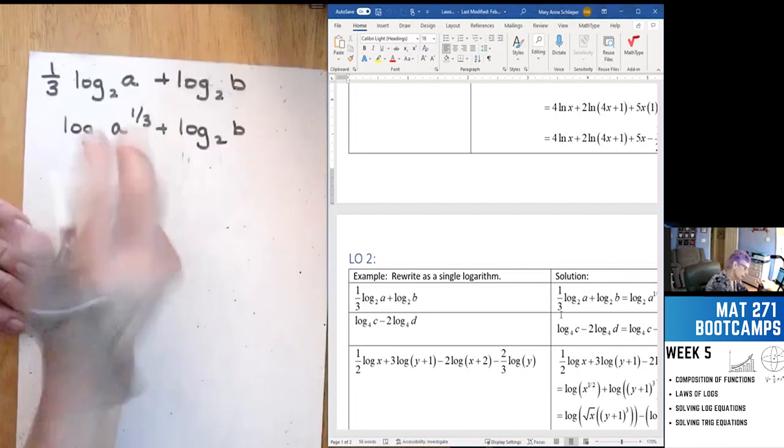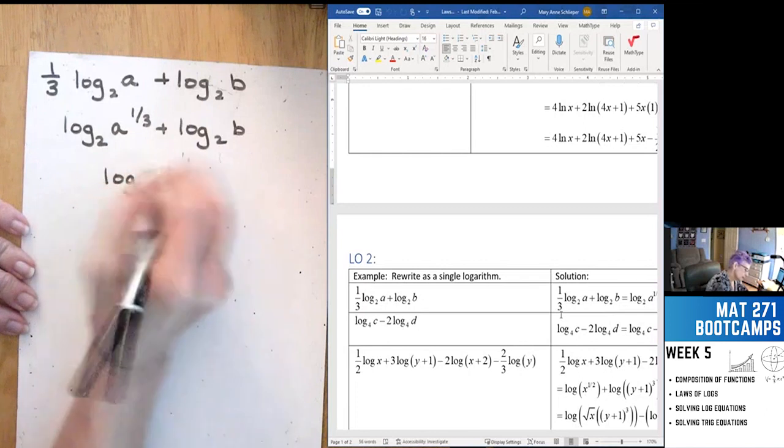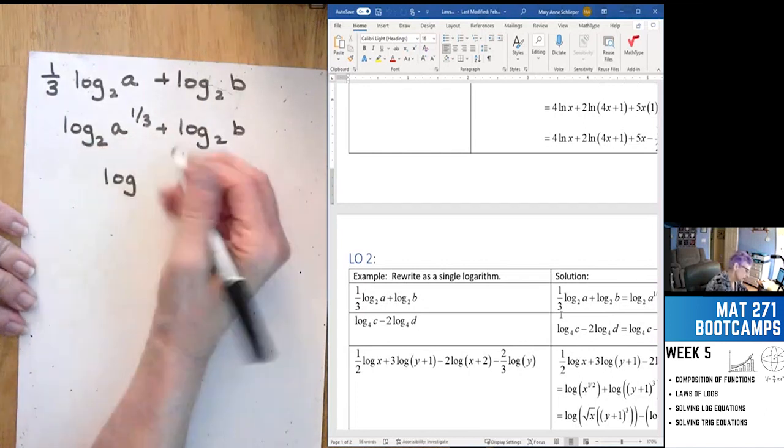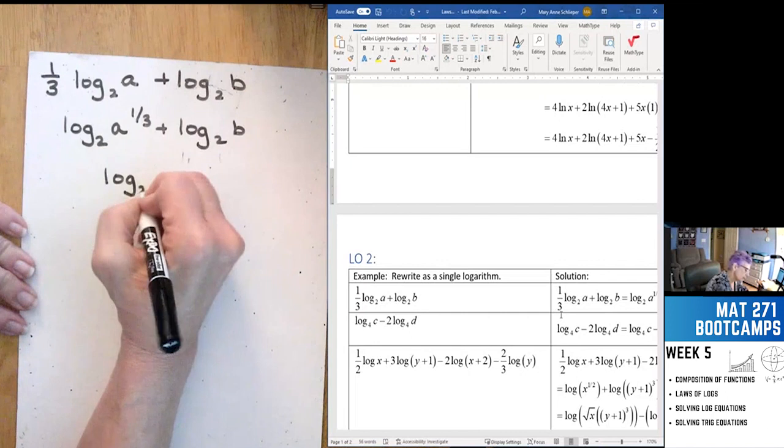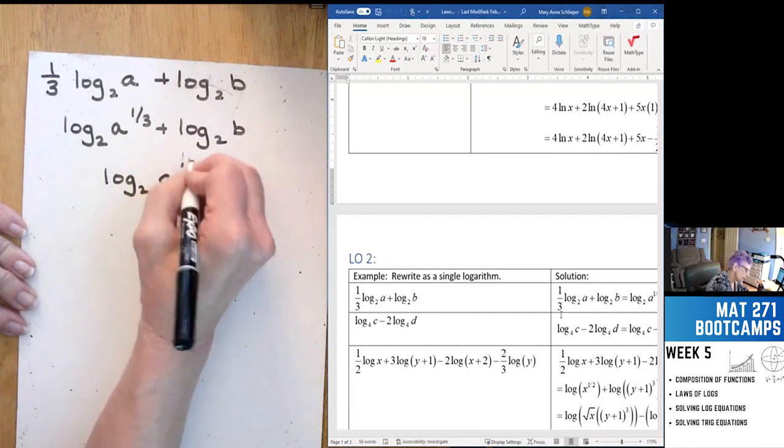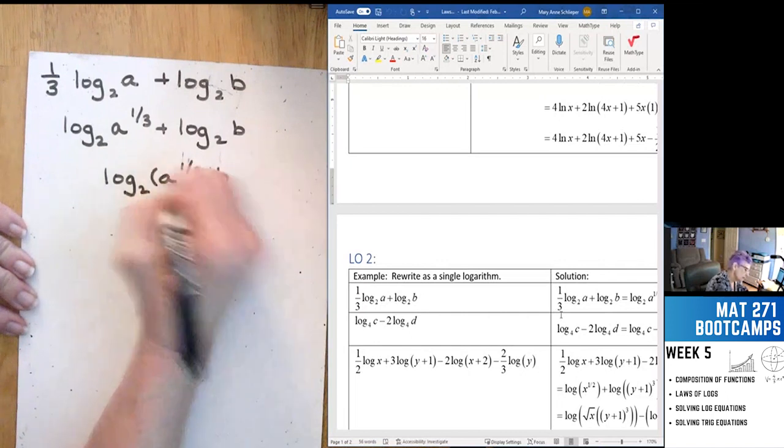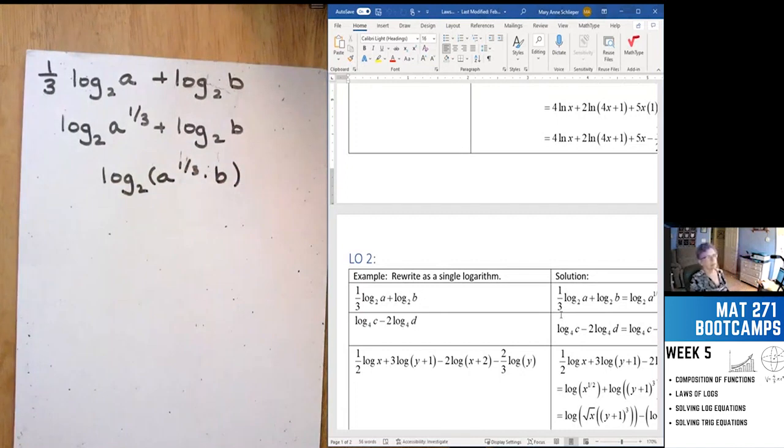And then we combine those because the log of a plus the log of b is equal to the log of a times b, so a to the 1/3 times b. Easy enough.